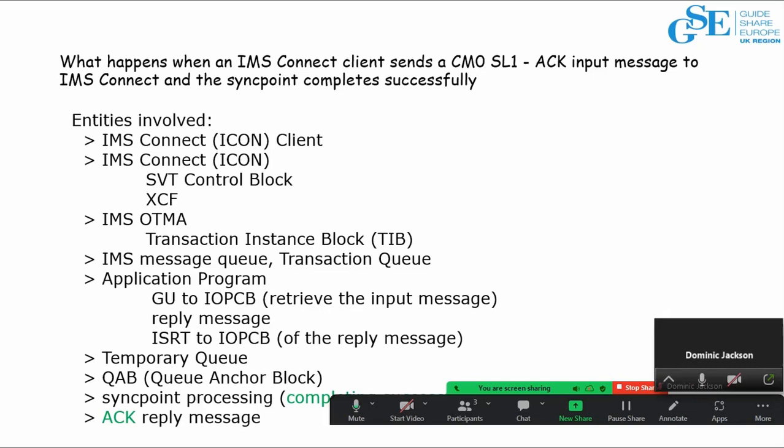So IMS commits the unit of work, or the sync point processing has to complete first before the response message is sent out to the IMS Connect client. And as you can understand, this is quite a different beast from the CM1 protocol.